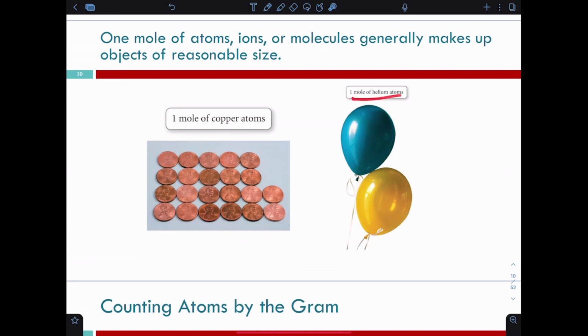Or 1 mole of helium atoms would fill up 2 party balloons. So if we have 1 mole of copper atoms, that's a reasonable amount of copper atoms. I mean, you could hold that in your hand, you could weigh that out on a scale. They're easy amounts to work with.